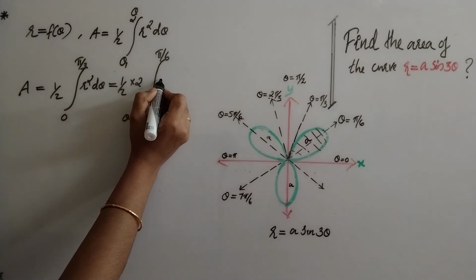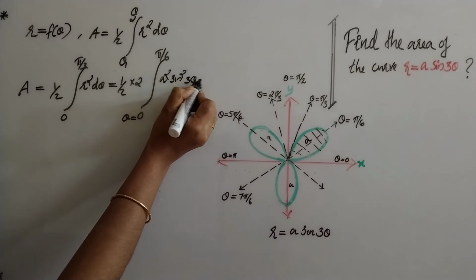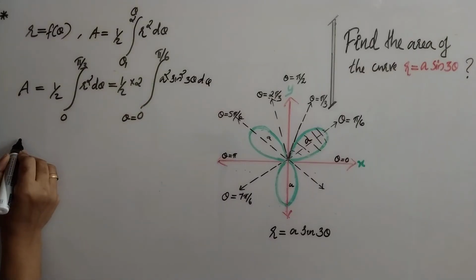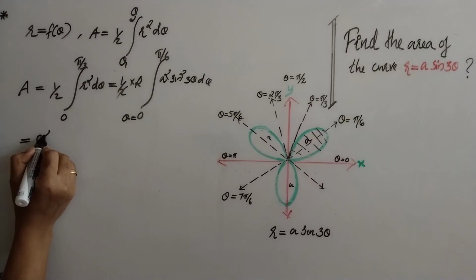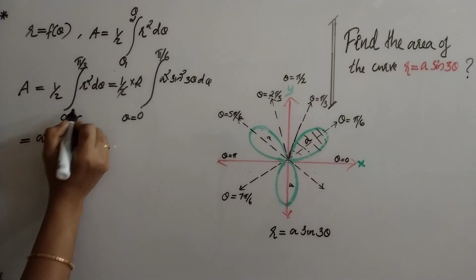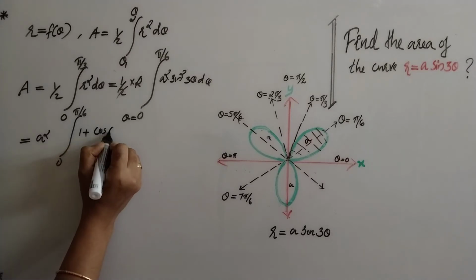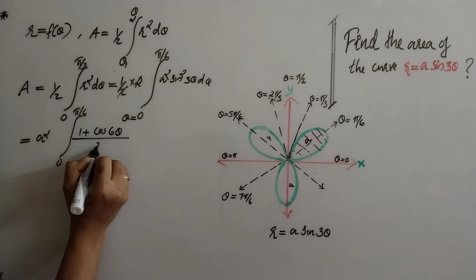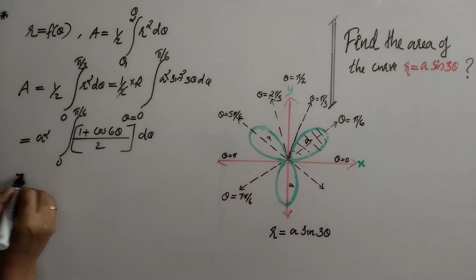Here r square d theta is a square sin square 3 theta d theta. So 1 by 2 into 2 cancel each other. So a square into the integral from 0 to pi by 6 of sin square 3 theta, which is (1 plus cos 6 theta) by 2, d theta.